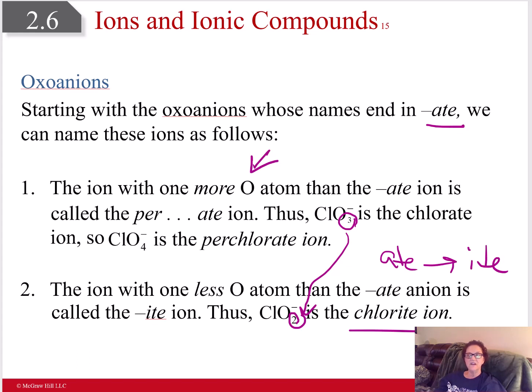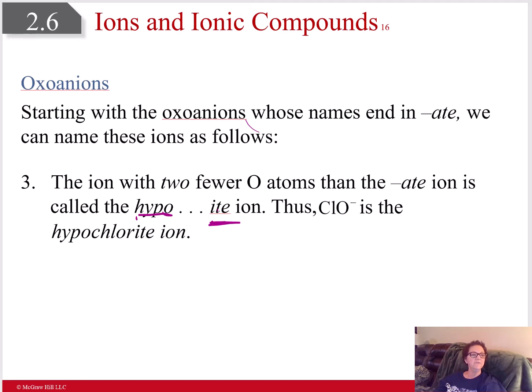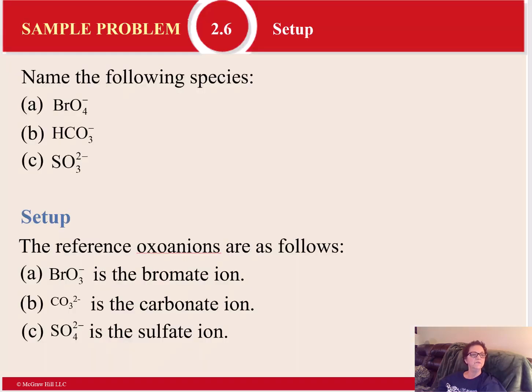It means it's got 1 less than the -ATE does. And then if it has 2 fewer oxygens, if that's a possibility, then it can be hypo and then the ite. Okay, hypo and then the ite.